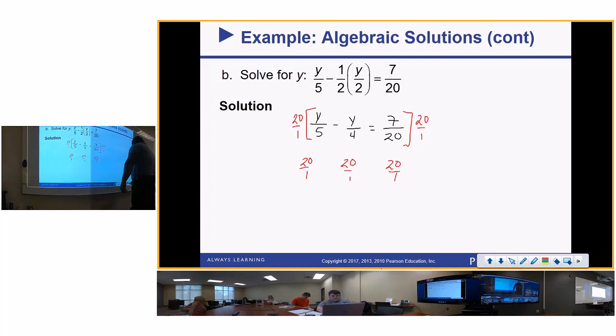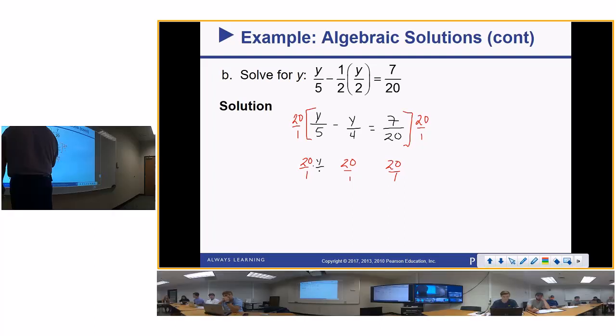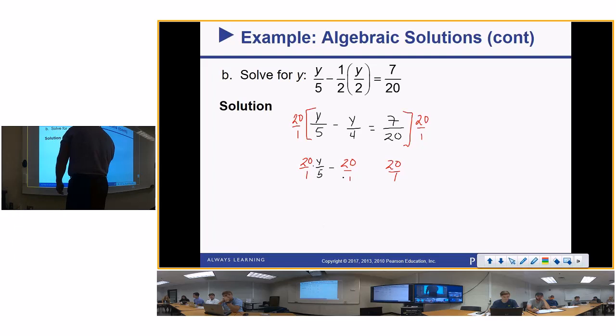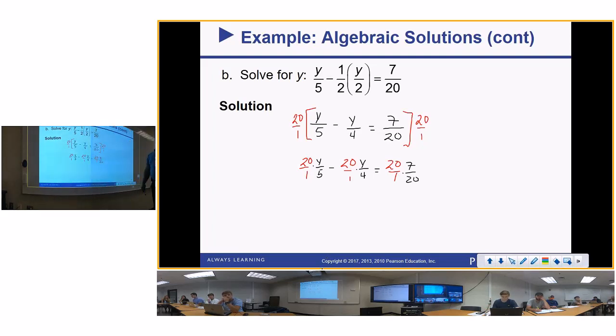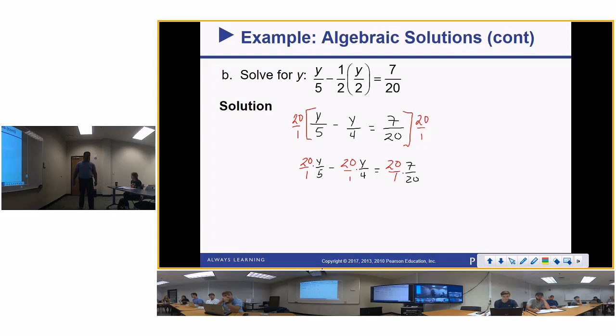And then I put my terms back in: y over 5 minus y over 4 equals 7 over 20. Then you can see where the cancelization actually takes place. I usually don't do that in a college algebra course. I usually do it in a 101 or 102, but sometimes I throw it in just in case there's a person that hasn't had 101 or 102 in a while.